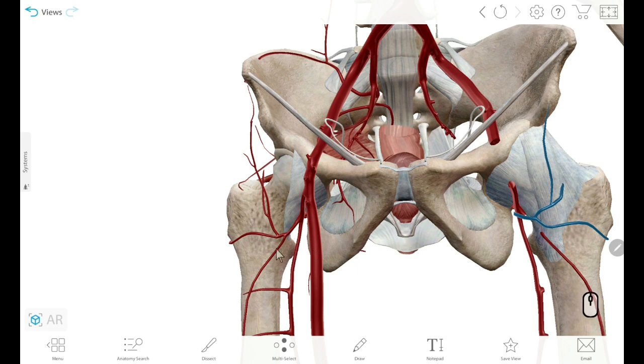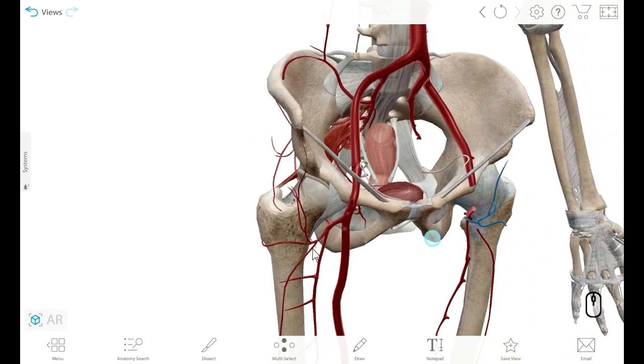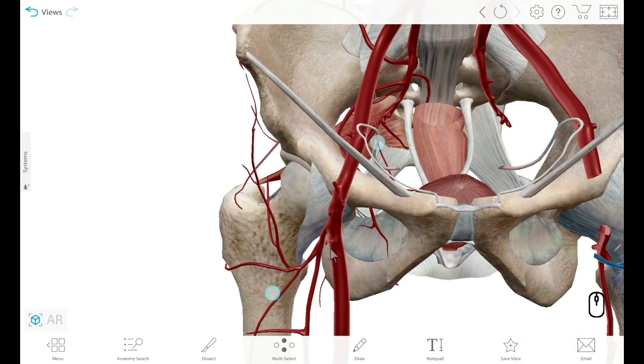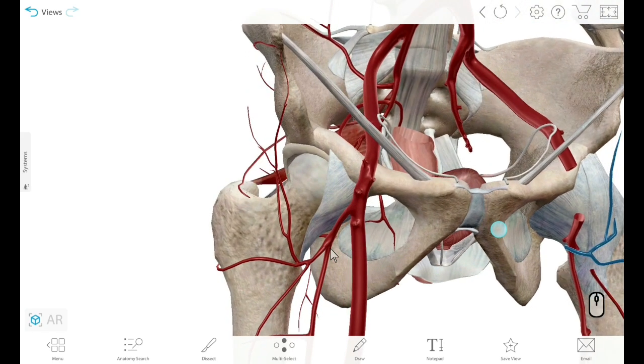So the anastomosis which is formed around the lesser trochanter of the femur is known as cruciate anastomosis. Cruciate means crossed, and it is called so because the arteries appear as if they are crossing, giving a cross-like appearance.